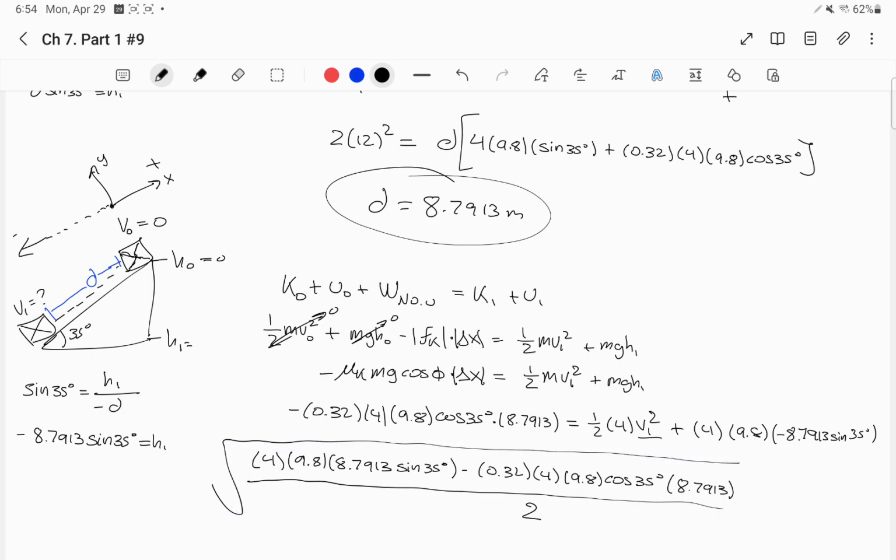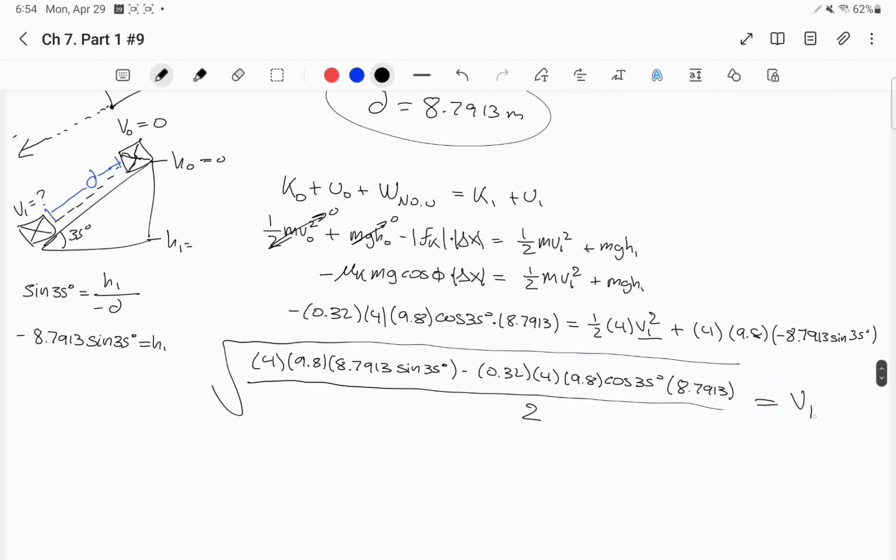We take the square root of that. And if you put that into your calculator, the final velocity when the block reaches the bottom should be exactly 7.3257 meters per second. Thank you for watching.